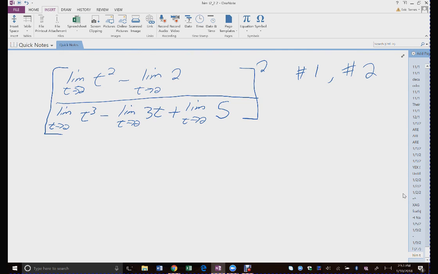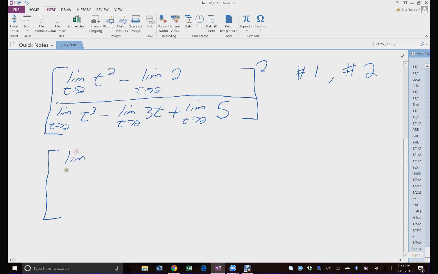I'm thinking the best bet would be to get rid of any additional multiplication. I've got a multiplication here, and I'm going to get rid of this multiplication, and that's the last limit law I should have to apply before I can start looking at the values. So I'm just going to rewrite that.